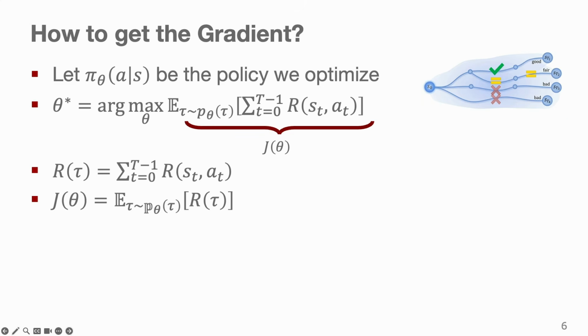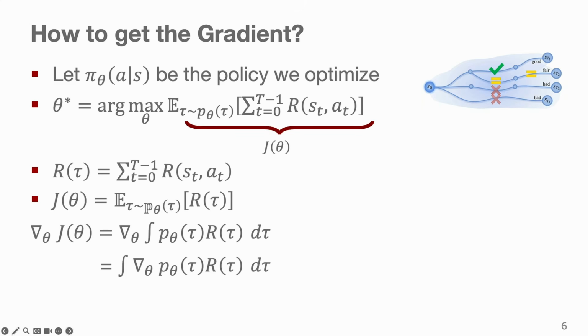We can do a little bit of math, where we start by writing this expectation as an integral: an integral of pi theta of tau times r of tau d tau. Now, due to this integral being a linear operation, we can bring the gradient inside the integral.